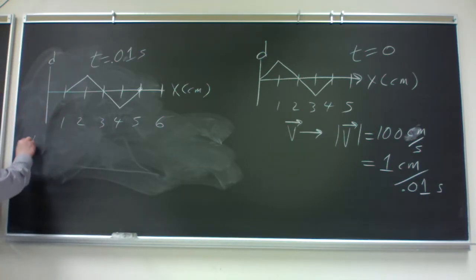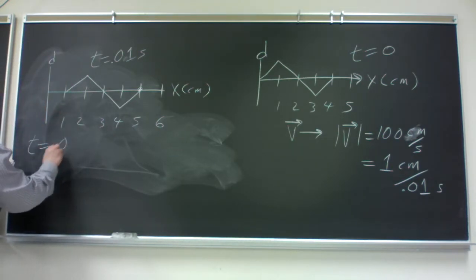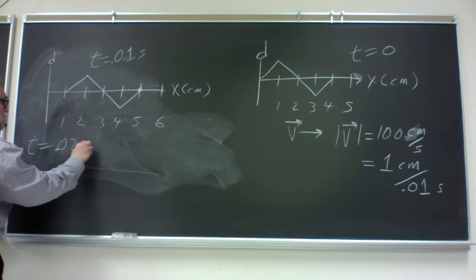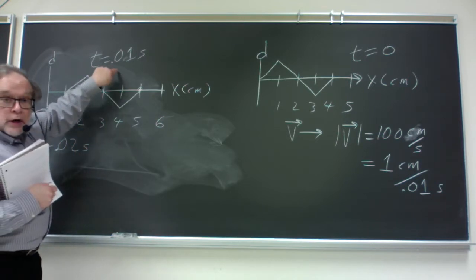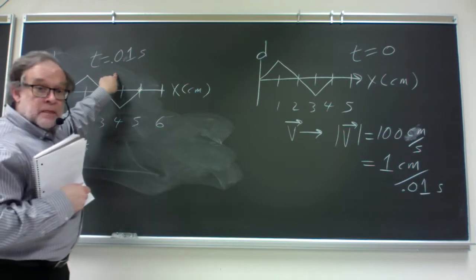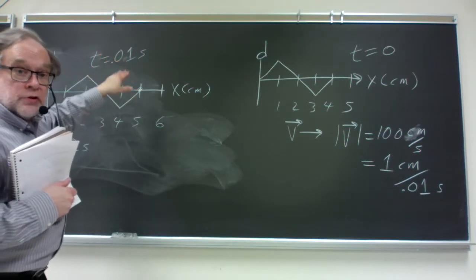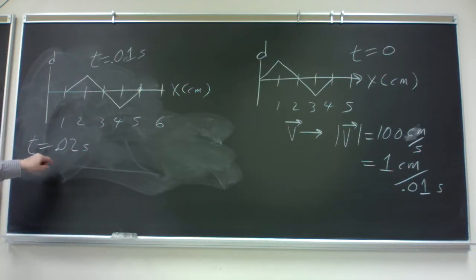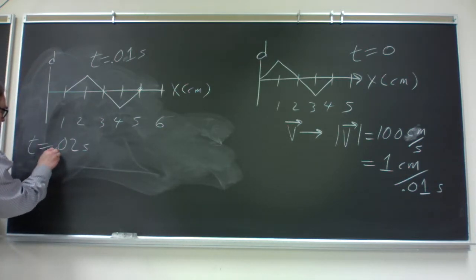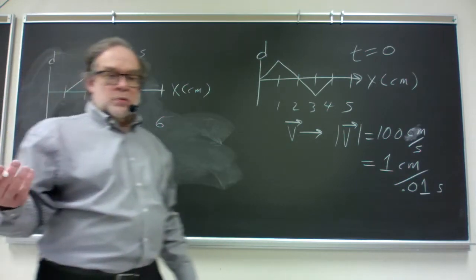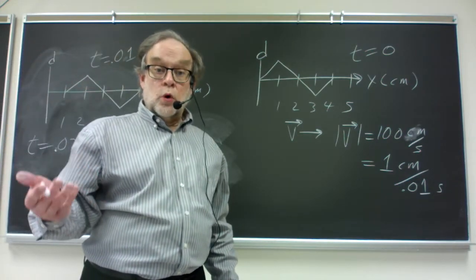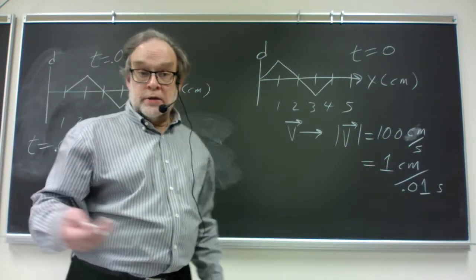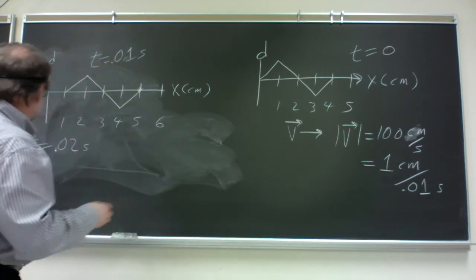Now, one more snapshot graph at 0.02 seconds, in other words, 1/100th of a second after this. So in that 1/100th of a second between this time and this time, that pulse would have moved another 1 centimeter to the right. So a snapshot would look like this.